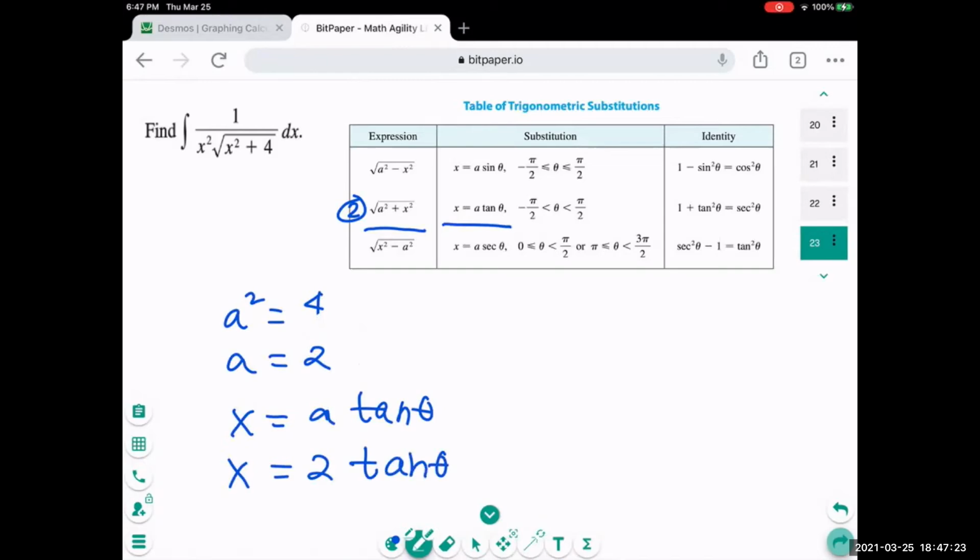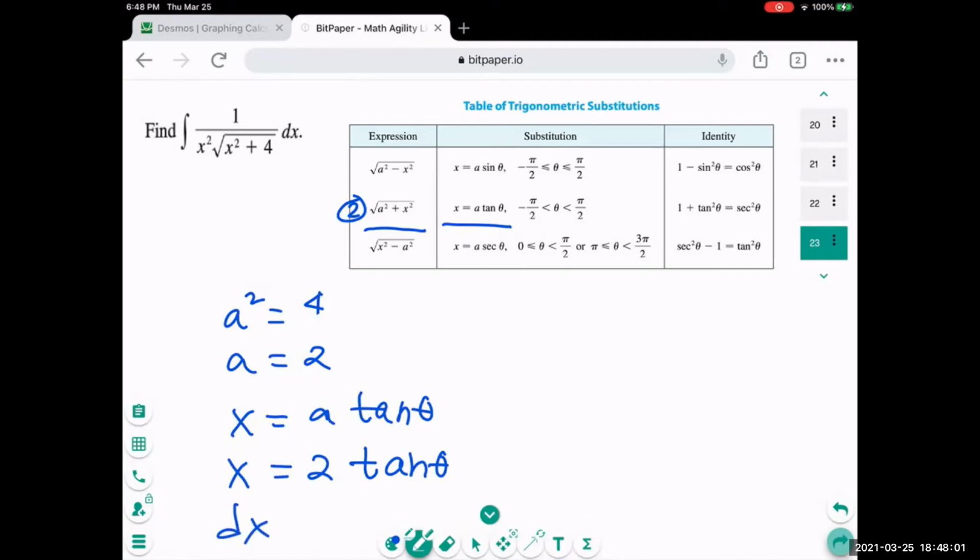So what is the derivative of tangent theta? Sorry, I'm talking about the derivative. The derivative of tangent theta is secant squared theta.